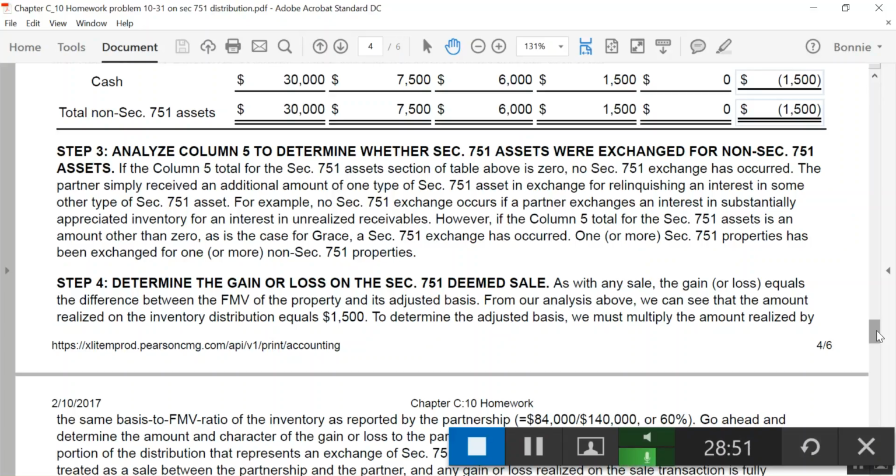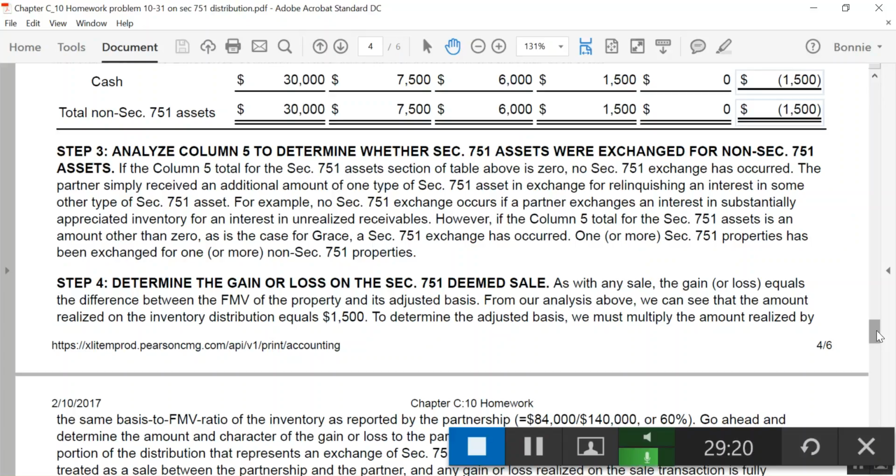And the next thing that we're going to do is we're going to determine the gain or loss on the 751 deemed sale. So whenever you're determining what the gain or loss is on any kind of sale, you need to know what the difference between the fair market value of the property received was versus the adjusted basis of the property given up.